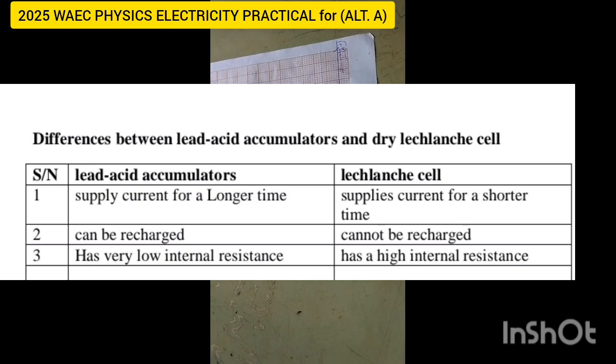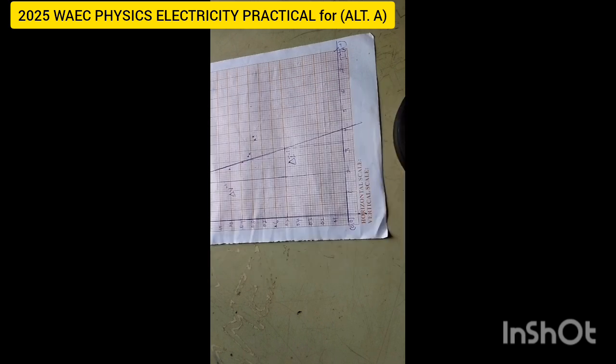You can also tell them that lead acid accumulator has very low internal resistance, while dry Leclerc cell has high internal resistance. And there are other factors that you can give.